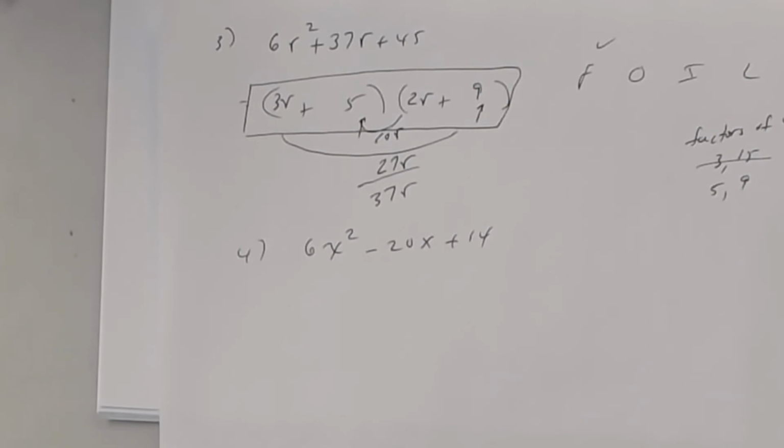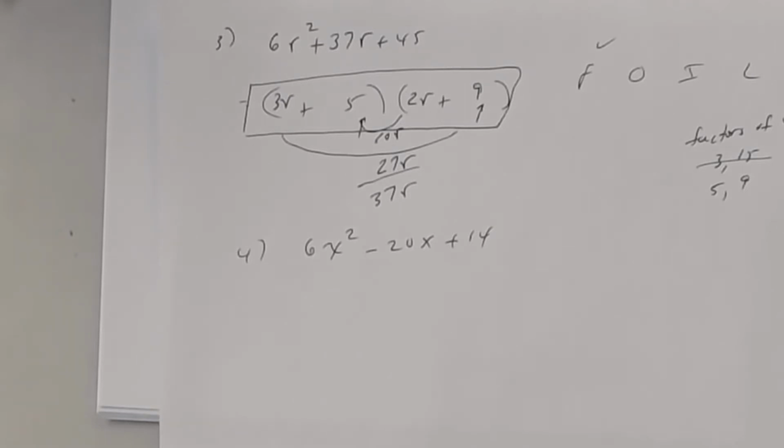All right. Now, what should you do first? GCF. What's your GCF? 2. Now, it is possible you could have not done the GCF first and still got the right answer in the end.